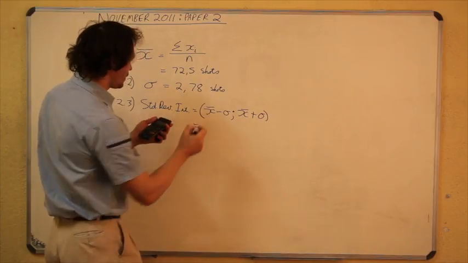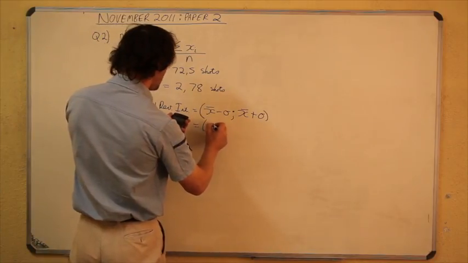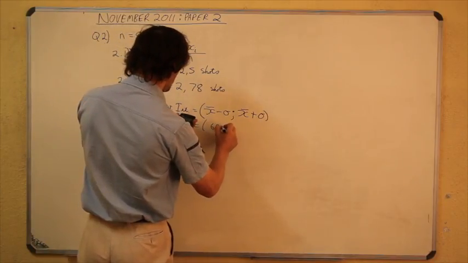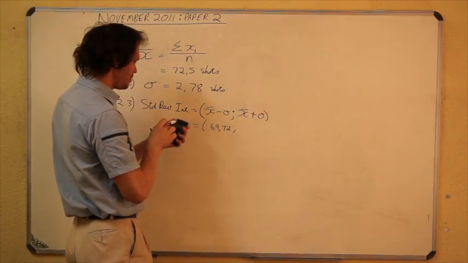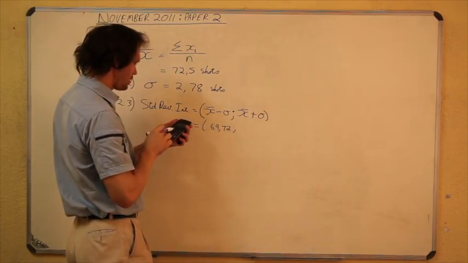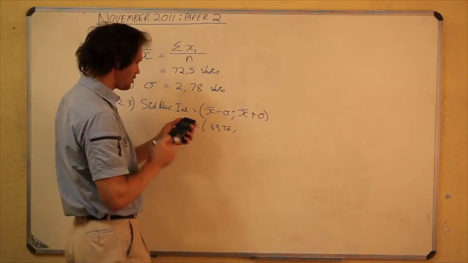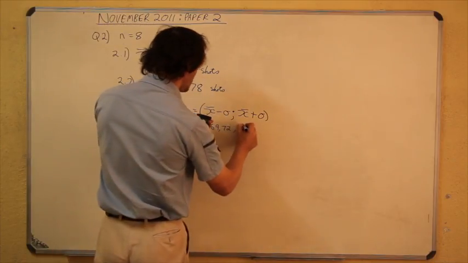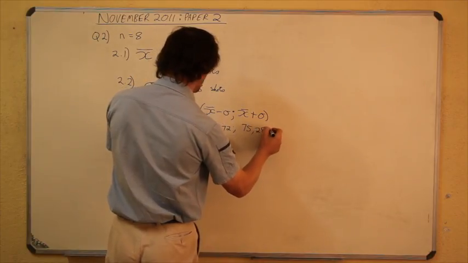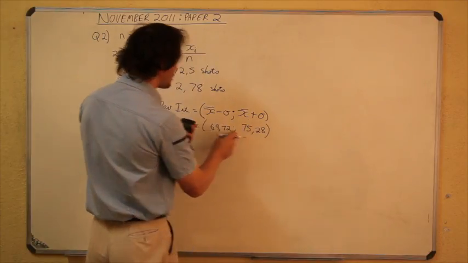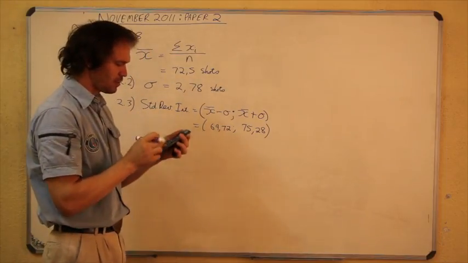Alright, it says my lower limit is 69.72 and the upper limit, let me just add the two together, I get 75.28. Right? That's the interval we're looking at.